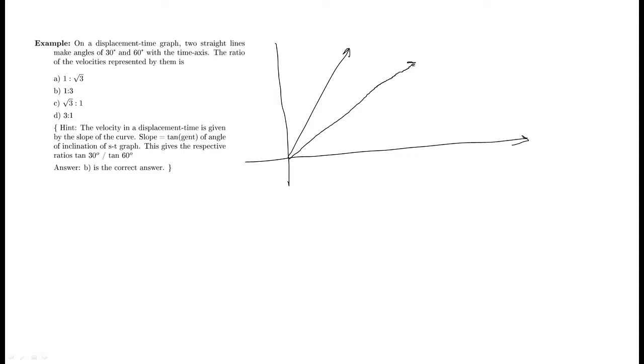So we first of all draw a displacement time graph. We have two straight lines, one at 30° and this one at 60°. Approximately, we don't need to take scale or actual angles.